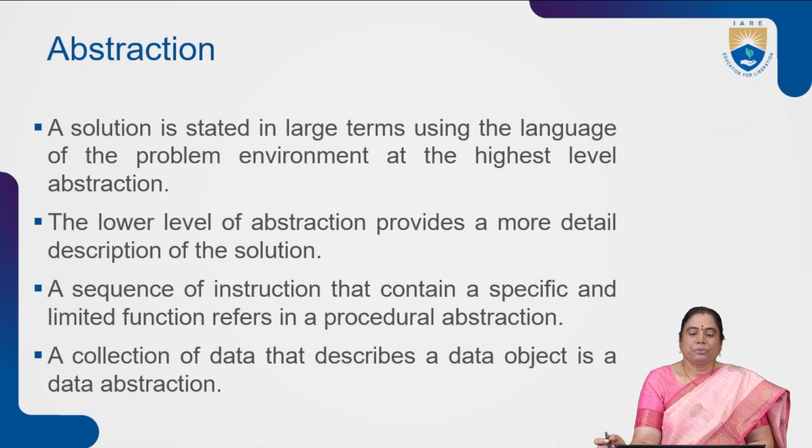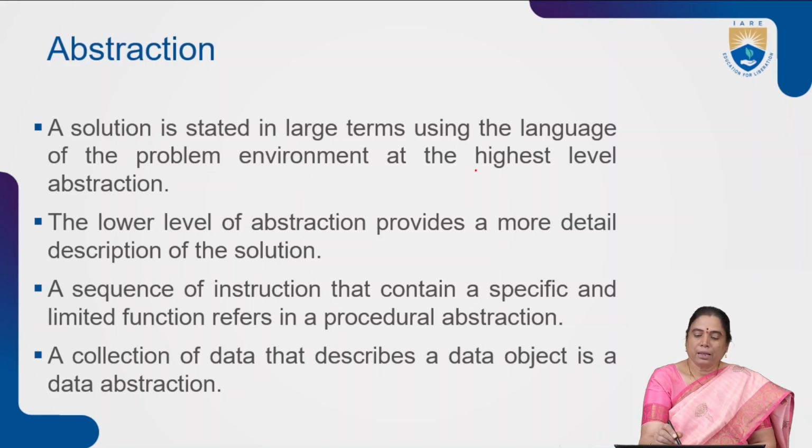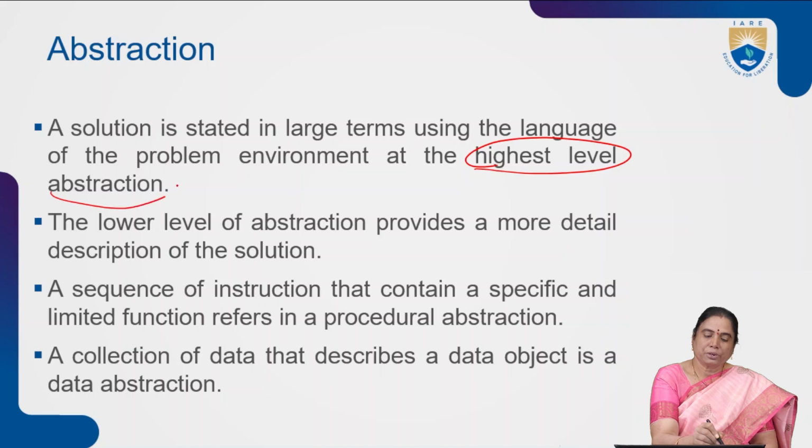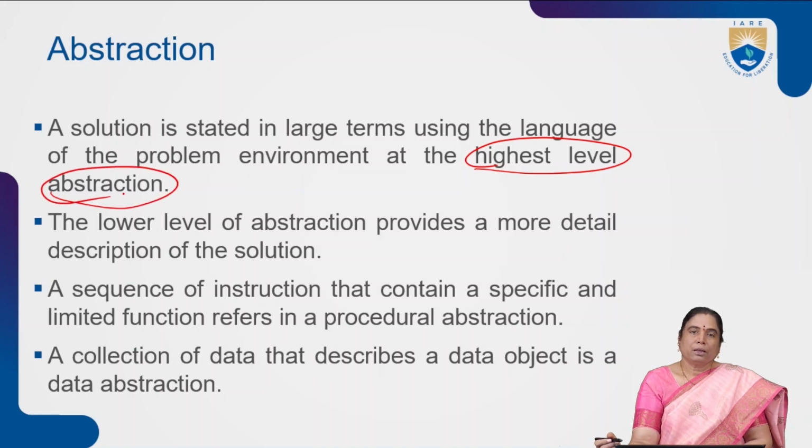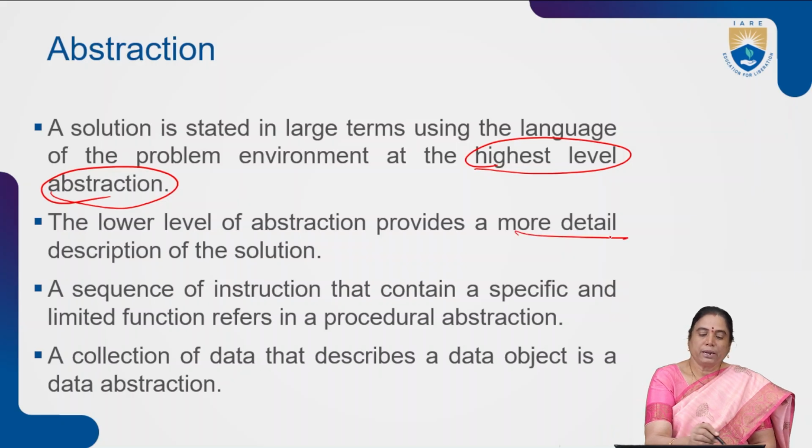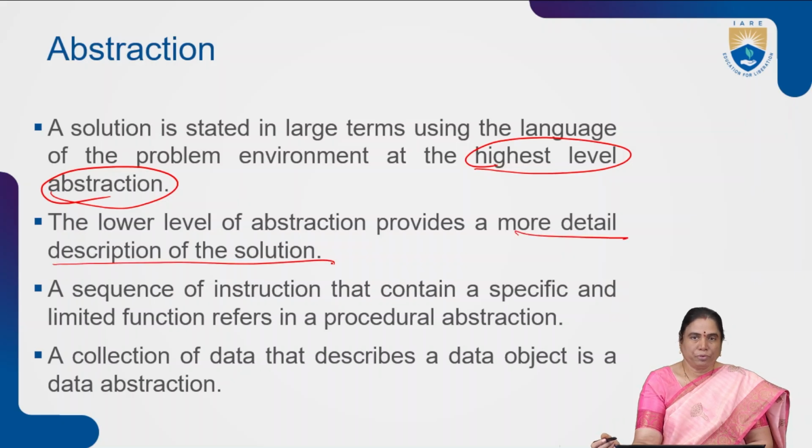A solution is stated in large terms using the language of the problem environment at the highest level of abstraction. So, giving only the necessary details by hiding how to implement them, or the lower level design details, is generally referred to as abstraction. The lower level of abstraction generally provides a more detailed description of the solution.